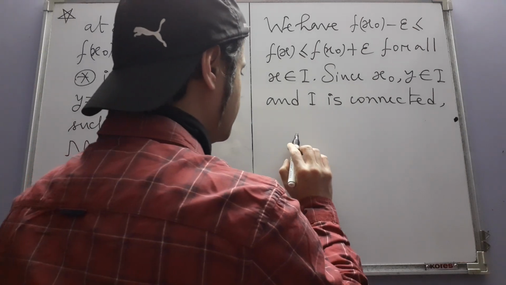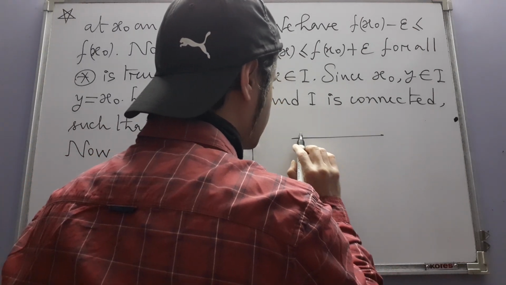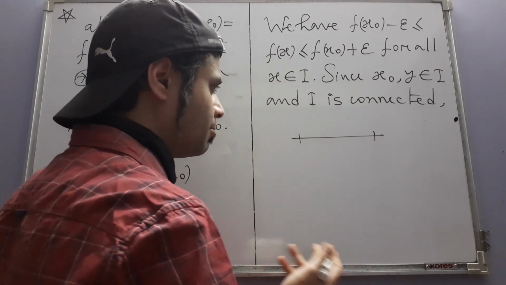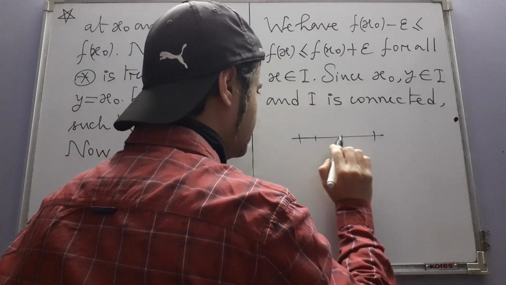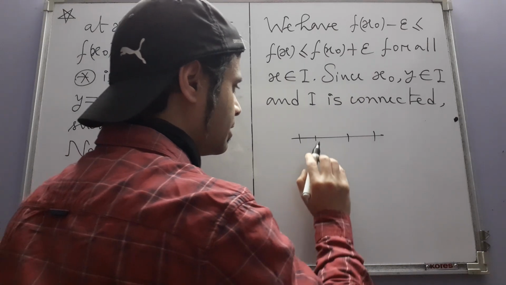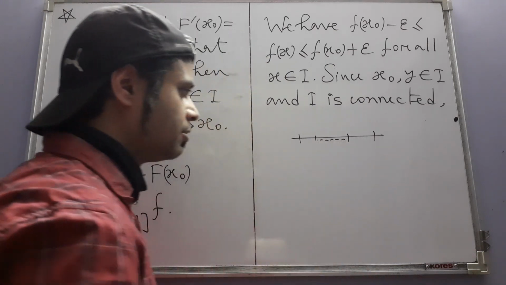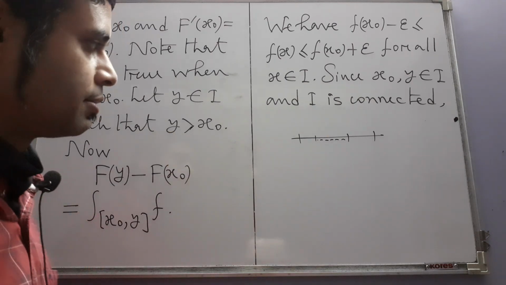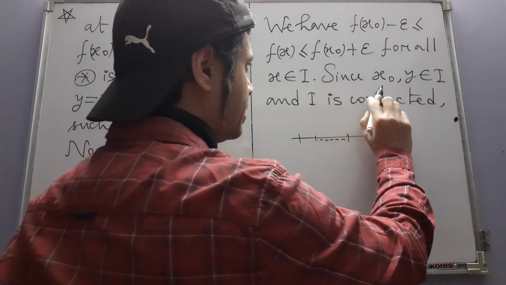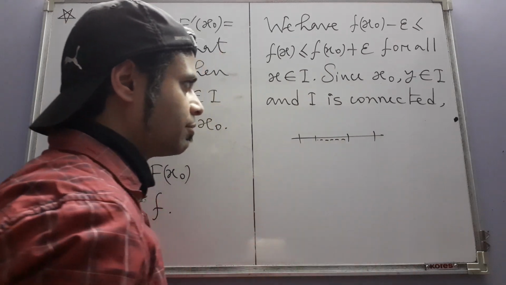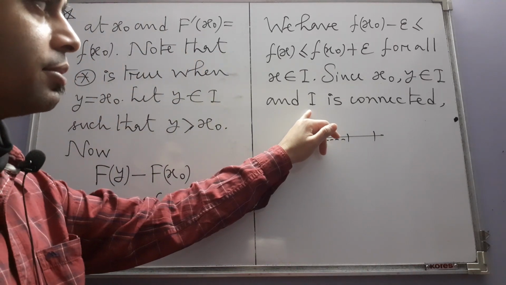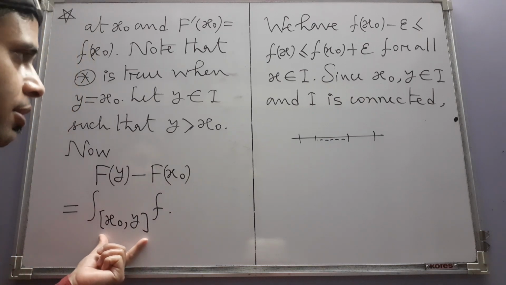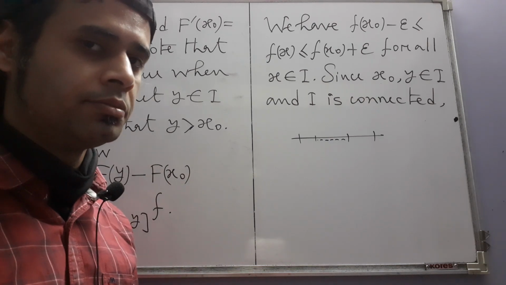Whenever you have a connected set, you take any 2 points in that connected set, everything that lies between those 2 points also lies inside this entire set. Similarly, now anything that lies between x naught and y is going to lie inside I. Or in other words, the closed interval [x naught, y] is a subset of I.